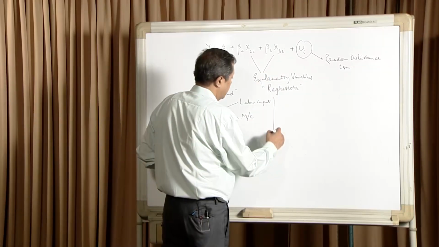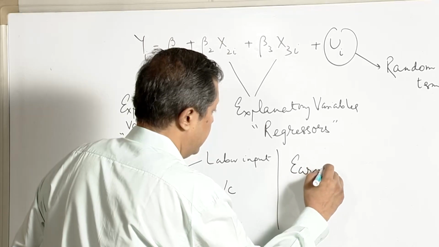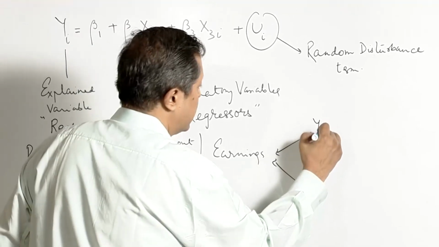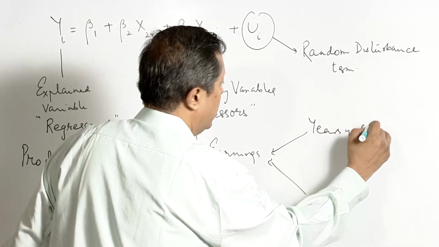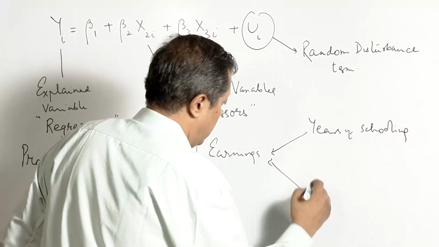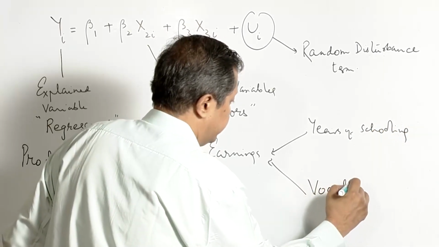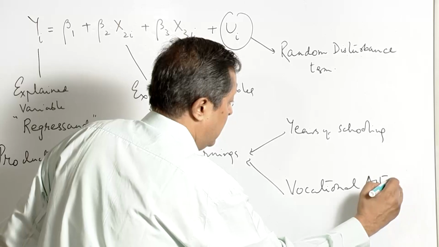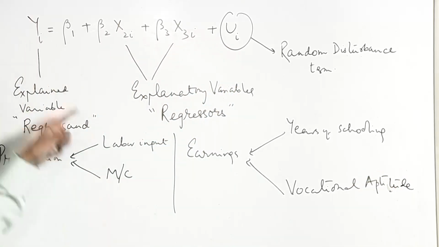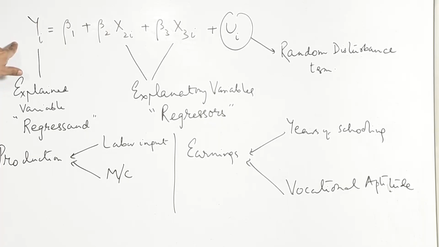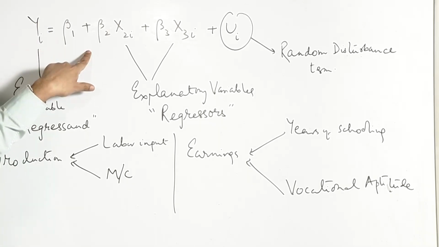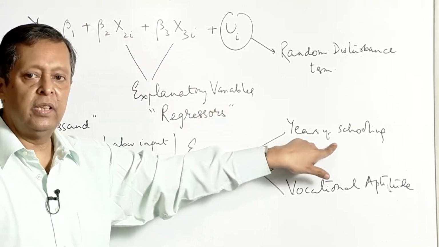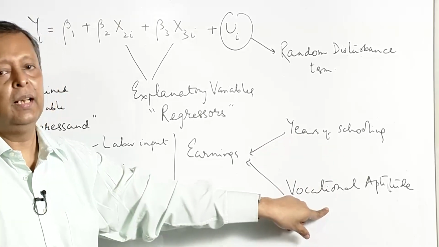Another simple example, earnings of an individual would depend on not only the years of schooling, but also vocational aptitude. So, once again, the explained variable y is dependent on 2 explanatory variables x 2 and x 3. One could be years of schooling, the other could be vocational aptitude.